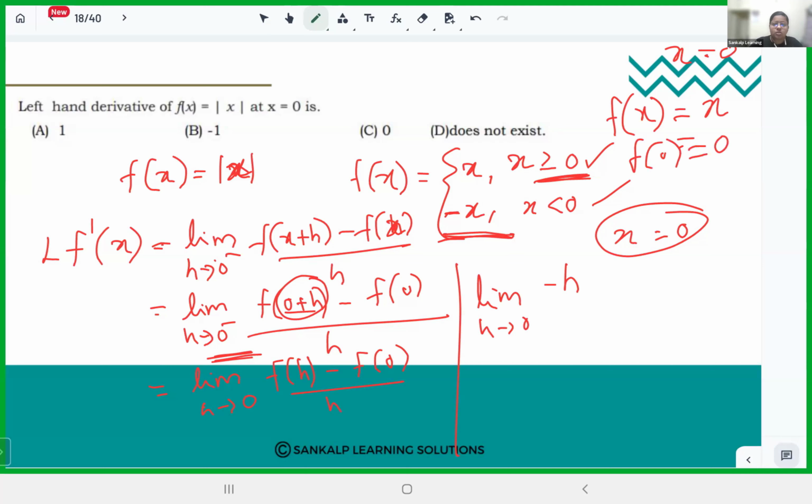So this will become limit h tends to 0 of minus h by h, and h gets cancelled. So what is the value? It is nothing but minus 1.